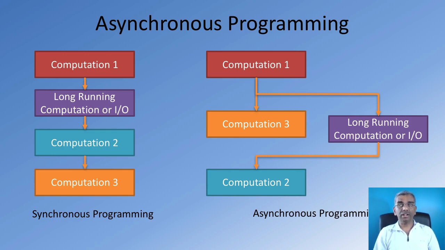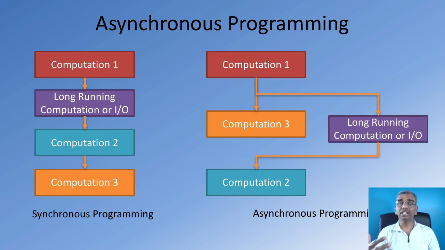In this arrangement, let's assume that computation 2 is dependent upon the long-running computation completing its work. Then it makes sense for computation 2 to wait until the long-running computation is completed before it gets executed.